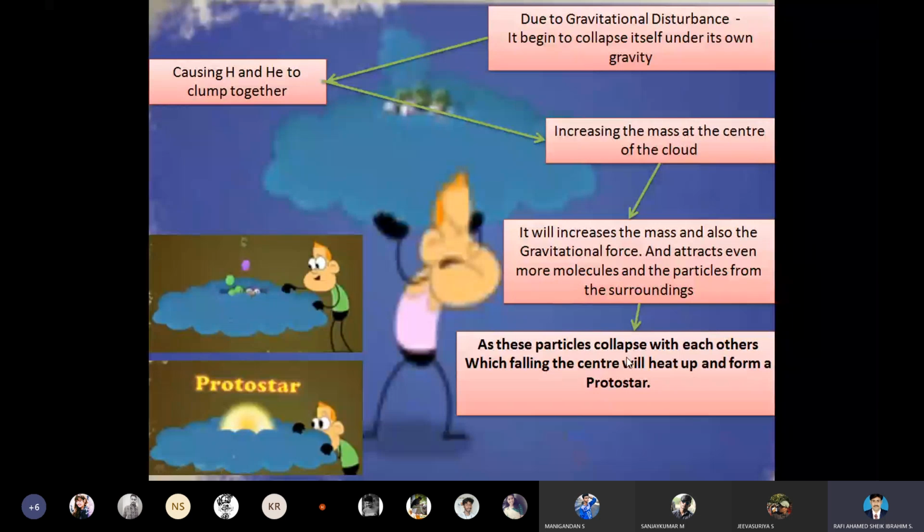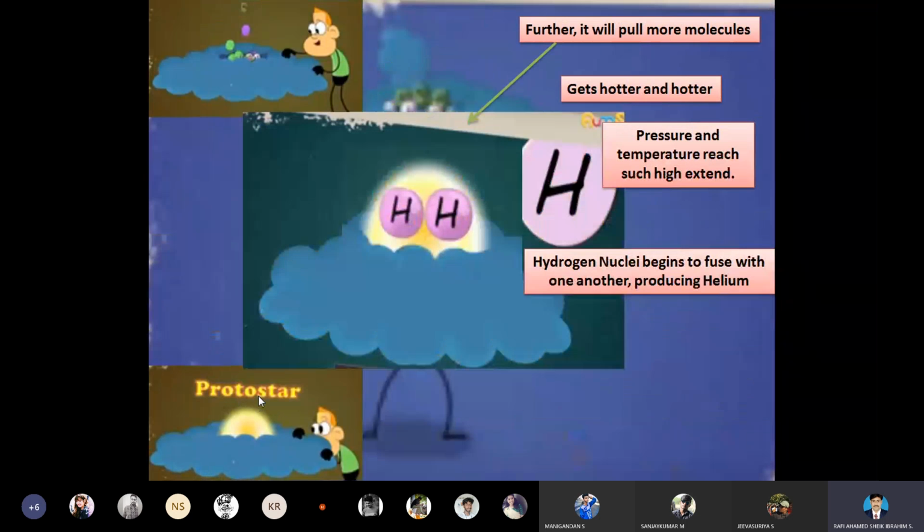As a result, the particles collapse into each other, falling to the center, heating up and forming a protostar. During this collision, they form a huge body with a tremendous amount of energy, which in turn is modified into the protostar. This is the initial development in the growth of the star.